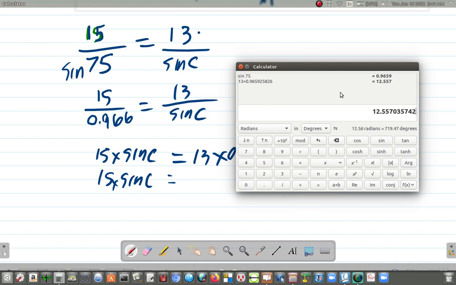I'm keeping at least 3 decimal places while working to get a very accurate figure.